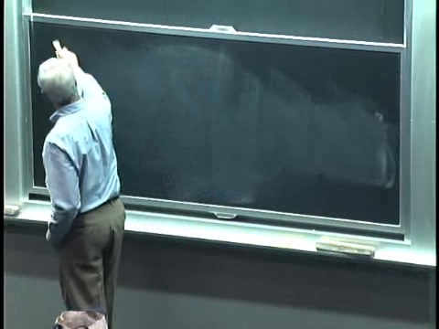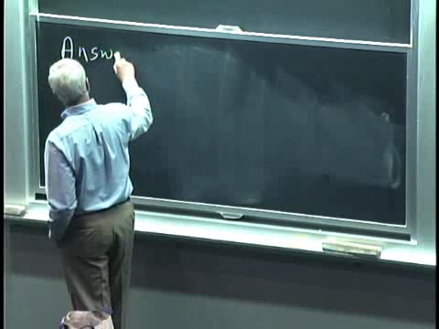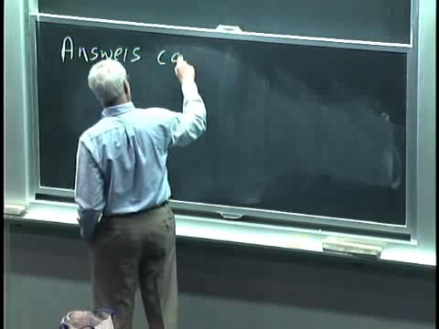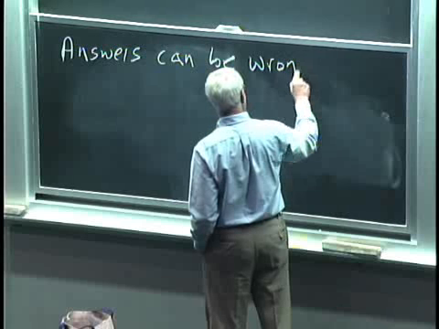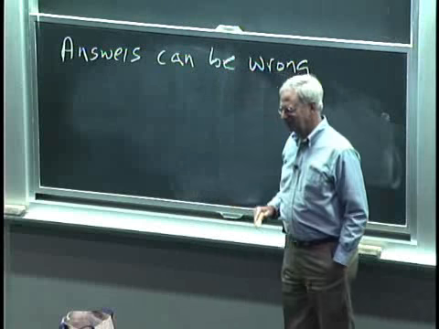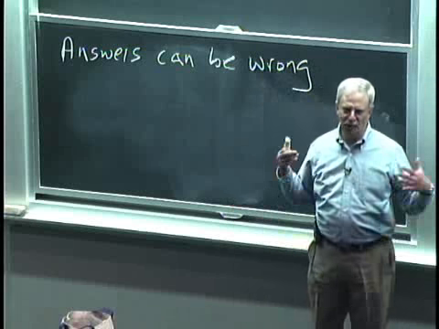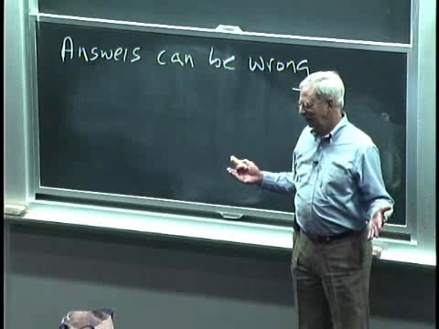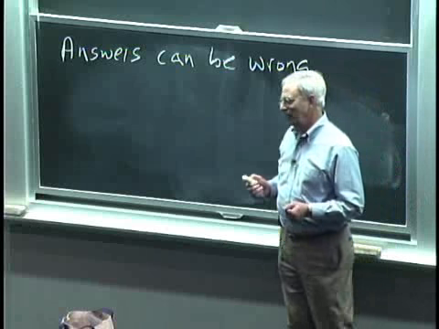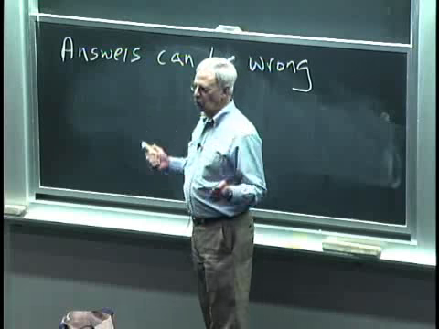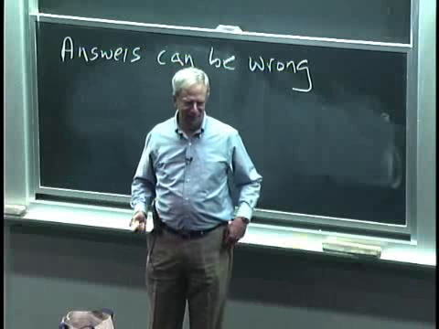Which is, answers can be wrong. People tend to think because the computer says it's so, it must be so. That the computer speaks for God, and therefore it's infallible. Or maybe it speaks for the Pope. It speaks for something that's infallible. But in fact, it is not.